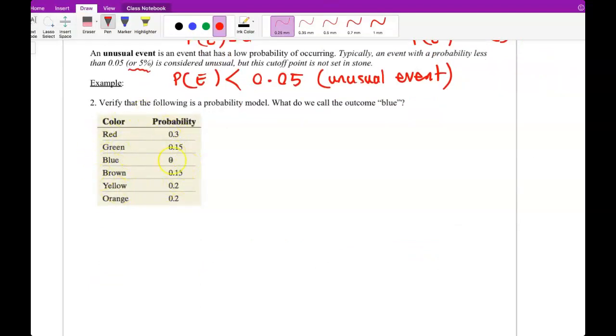Now, based on this table, the second column here is probability.